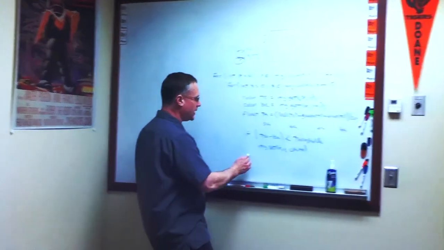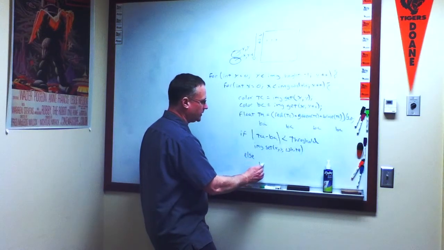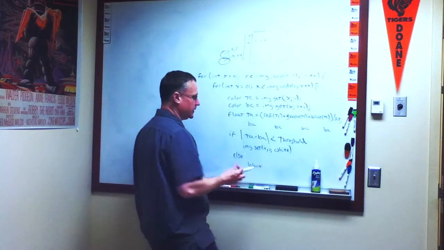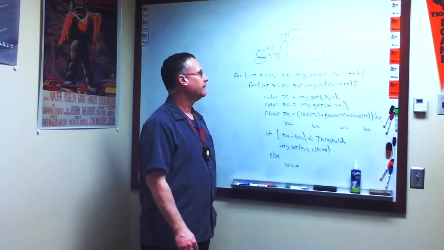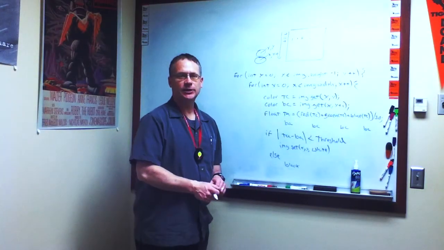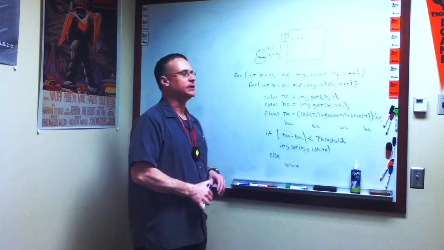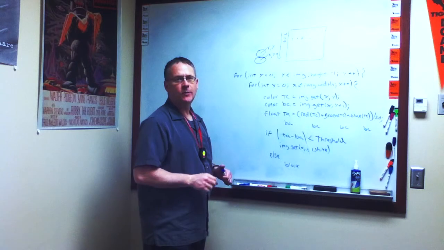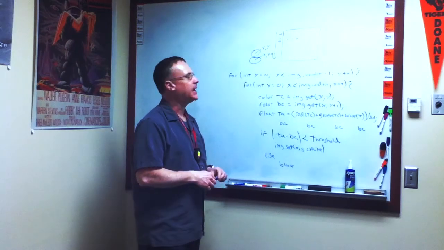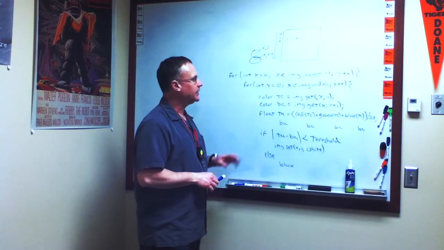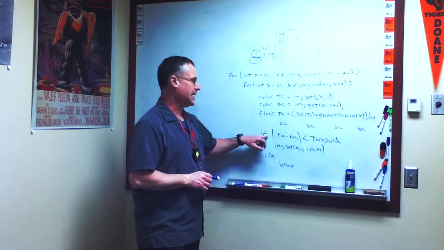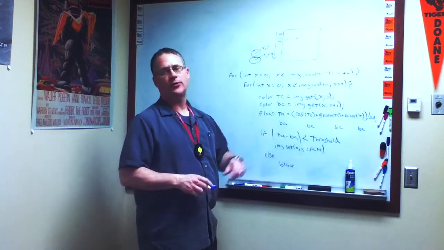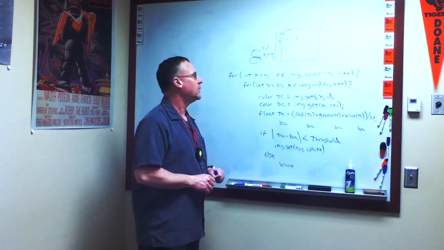Okay? Otherwise, we'll set the color at that position to be black. Okay? So there's a sketch of how we're going to implement this particular algorithm. What we're going to do now is go back to the computer and finish the implementation and show you some specifics about absolute values, what our threshold might be, and so on.